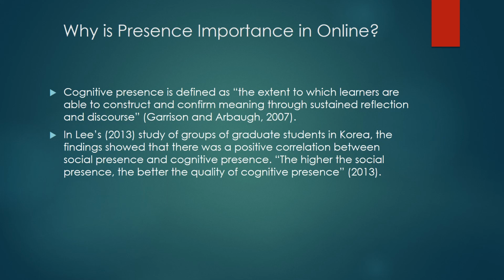Something interesting to note is that researchers found that if you have a good, positive social presence in the course, then that also leads to a strong cognitive presence. And really, it's all about having the students interact and you interacting with students. The more presence, the more interaction that you have in the course, the more likely your students are going to be to learn the course material. And that's the important thing.